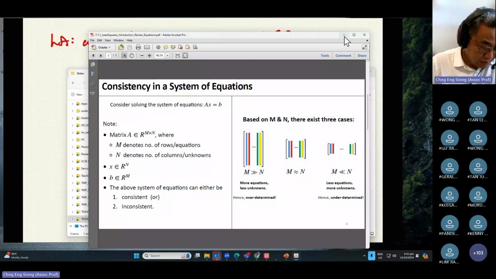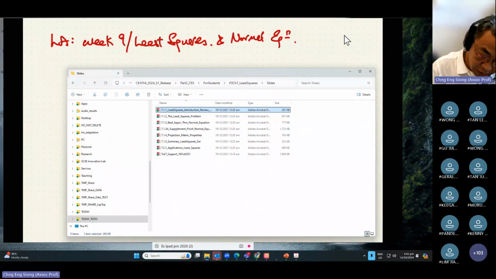All right, let's write down. So we have Ax equals to b, and we are given A, and we are given b, and the problem is to find x. And A is of dimension R, m by n, and then we write it this way.